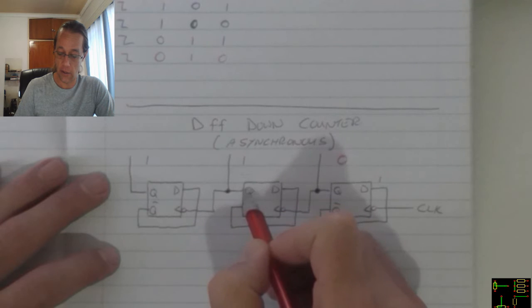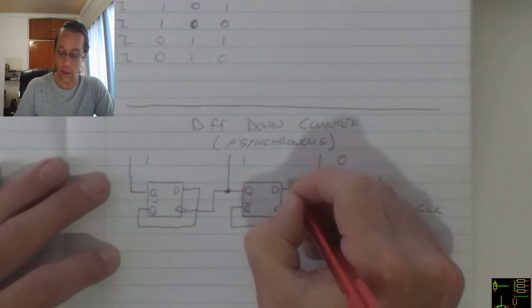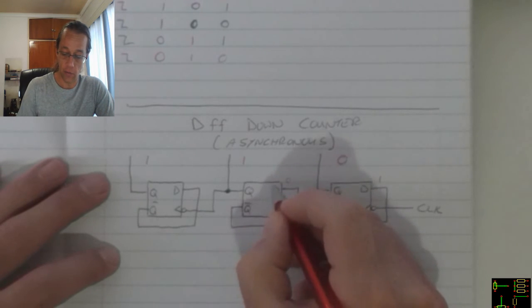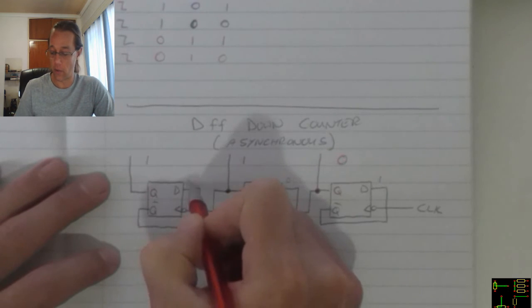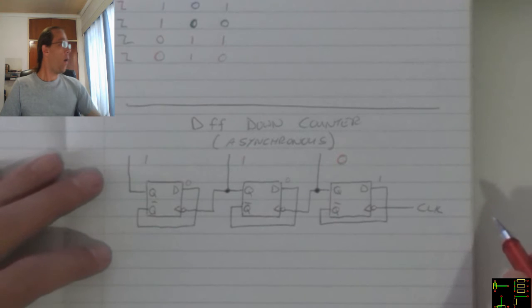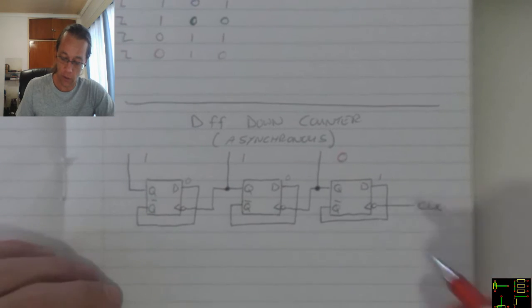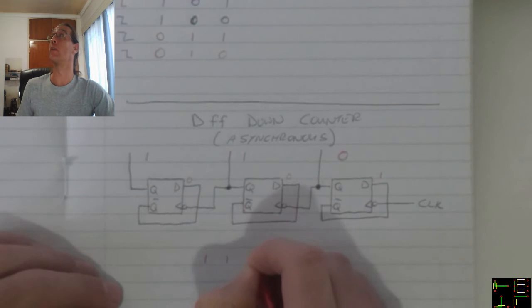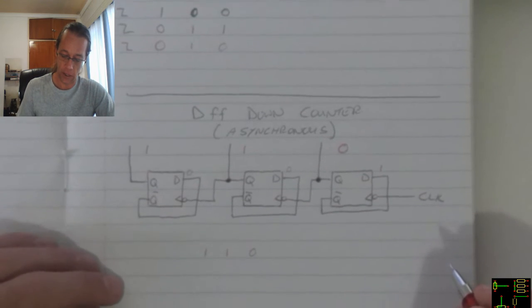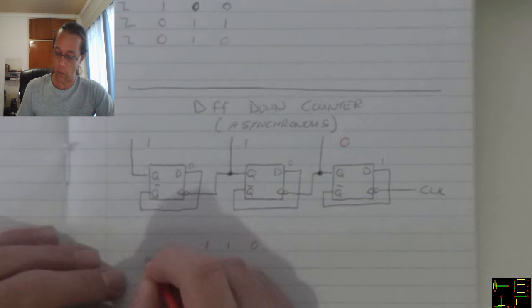Because this is a 1, that is a 0 feeding in there, so this one is in the hold state. Because we've got a 1 there, that's a 0, which means that flip-flop is also in the hold state. So we're starting off with 1, 1, 0 on this counter.